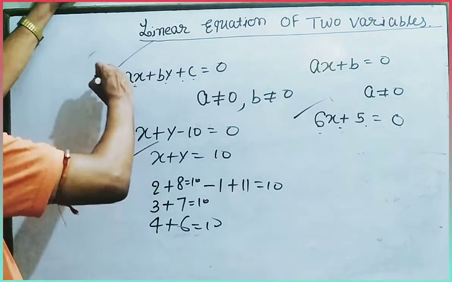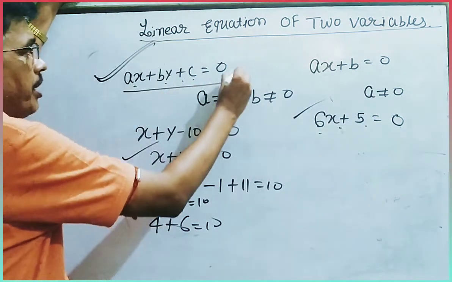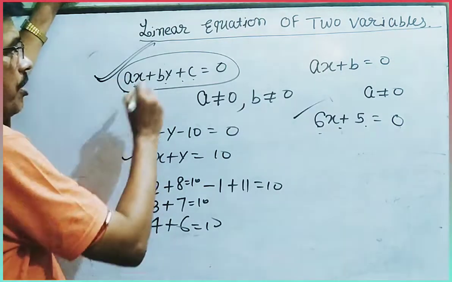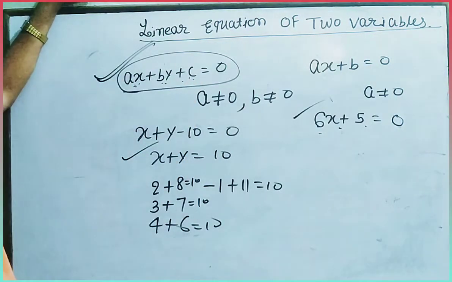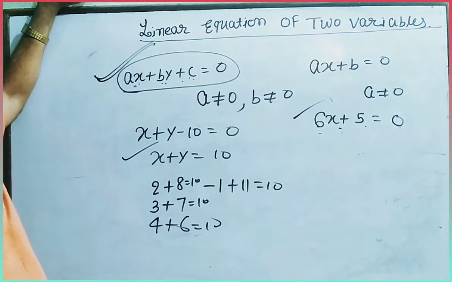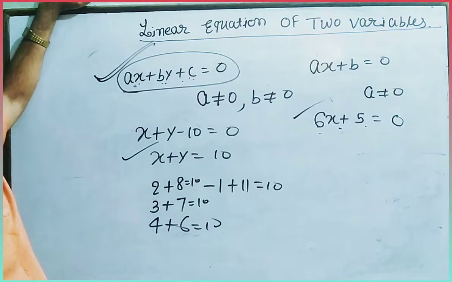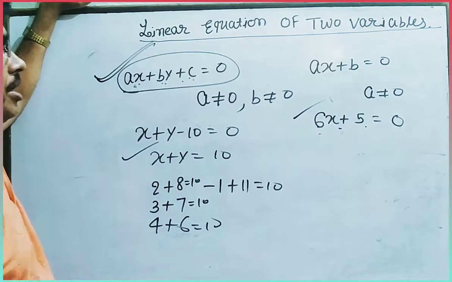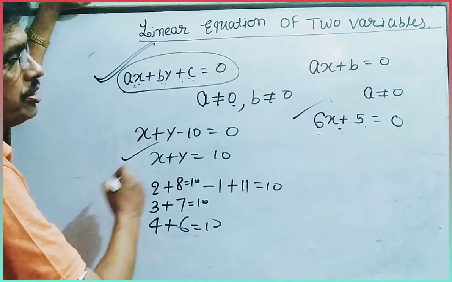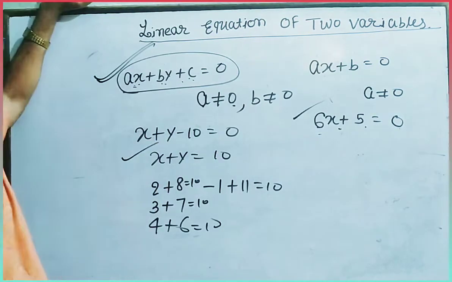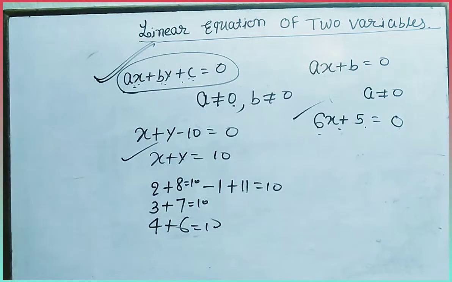So the general form of the linear equation is ax plus by plus c, where a, b and c are real numbers and a is not equal to 0 and b is also not equal to 0.